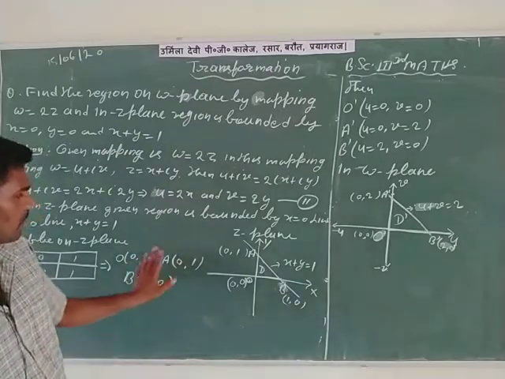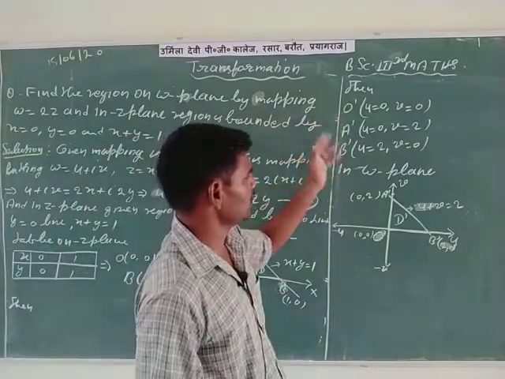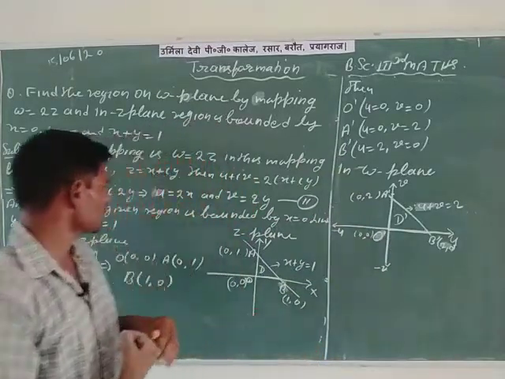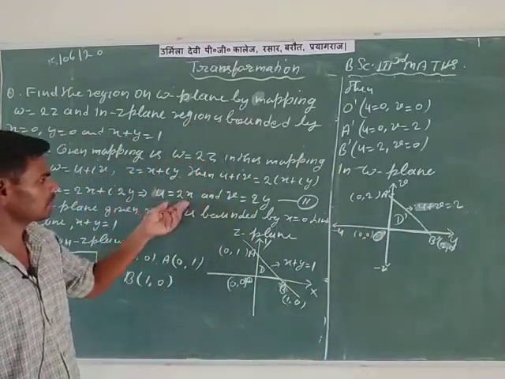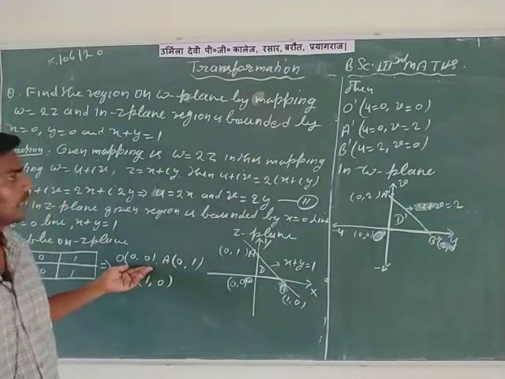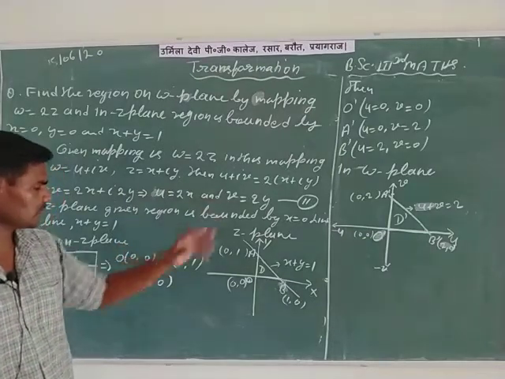Corresponding to these, calculate the points O dash, A dash, B dash on the W plane with the help of the second equation: u is equal to 2x and v is equal to 2y. Here for O dash, putting x equal to 0 and y equal to 0 in these equations.